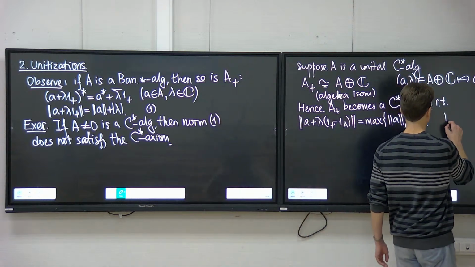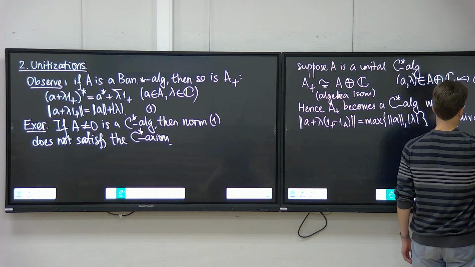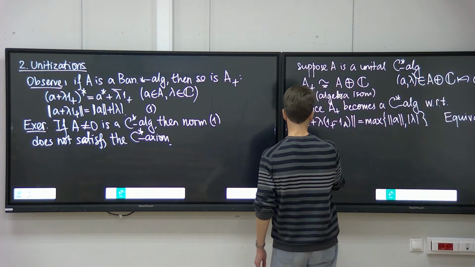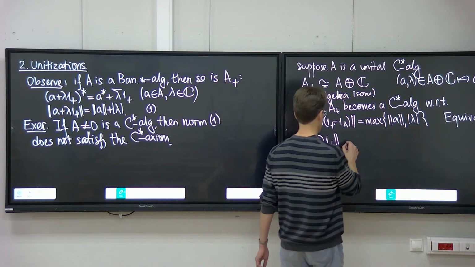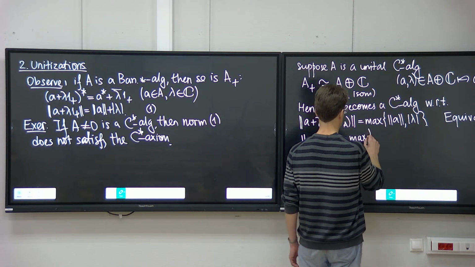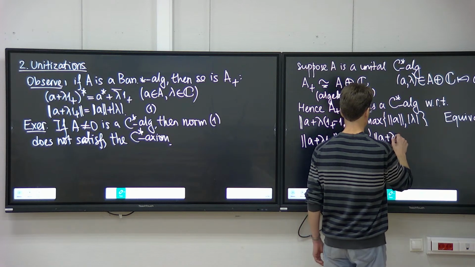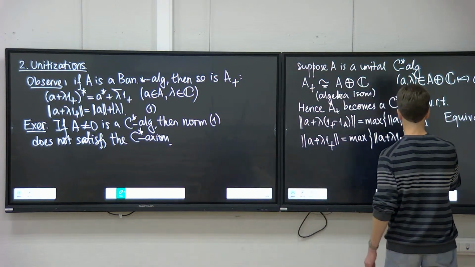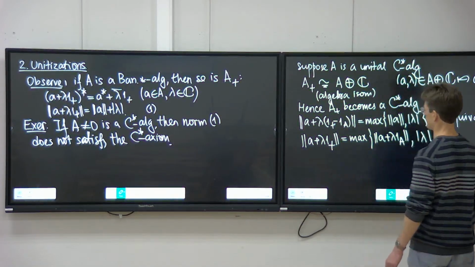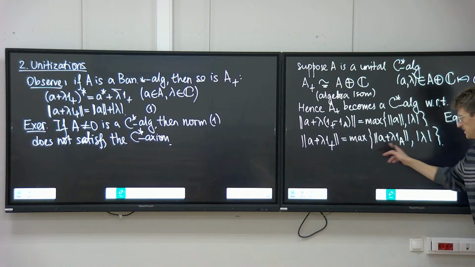Or equivalently, we can write it as follows. The norm of a plus lambda 1 is the maximum of the norm of a plus lambda times the identity of A, and the absolute value of lambda. So if A is a unital C-star algebra, then its unitization is also a unital C-star algebra with respect to this norm.